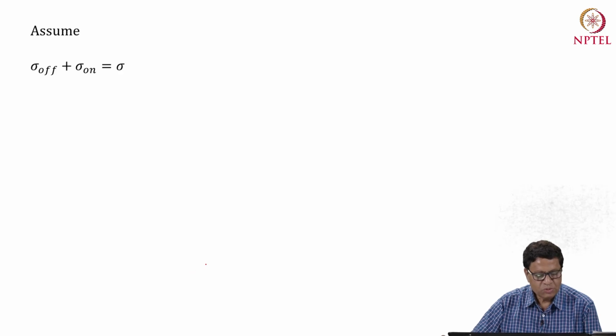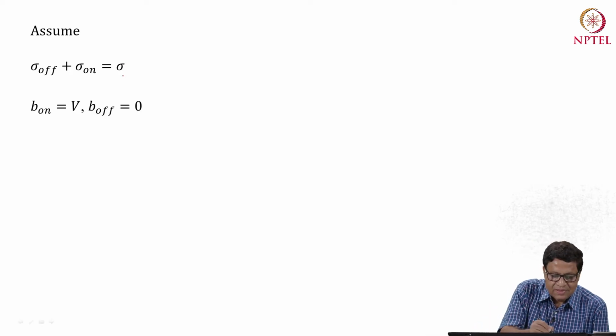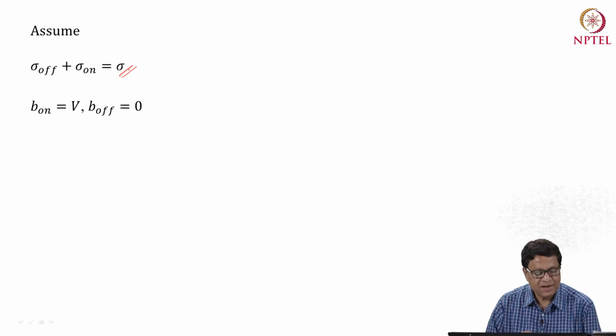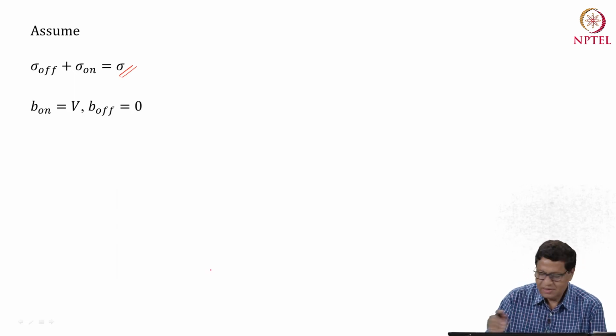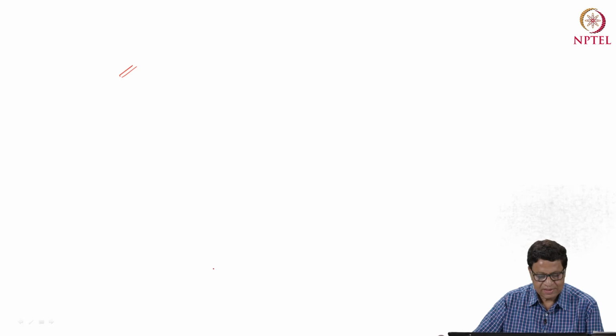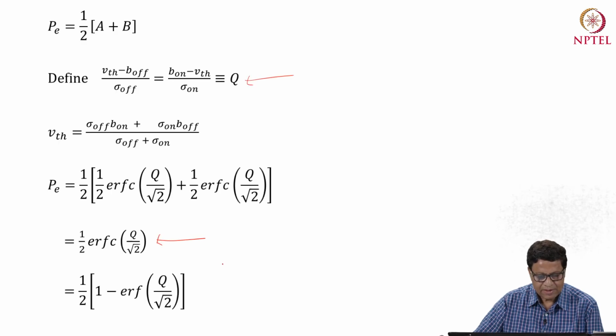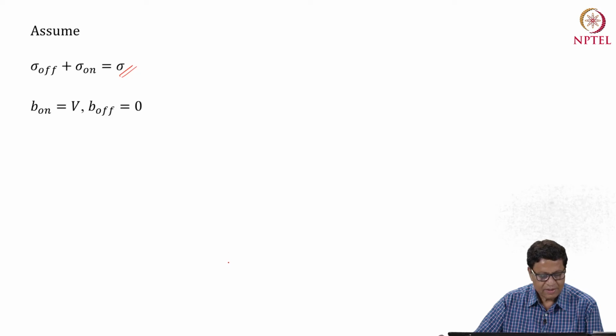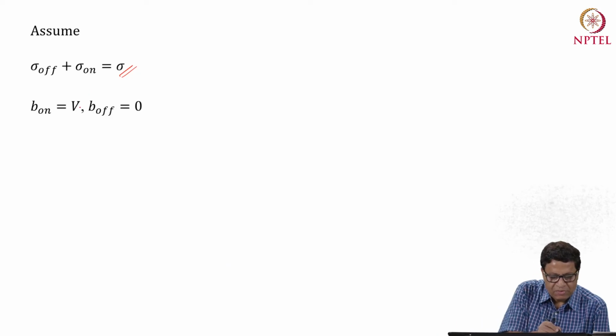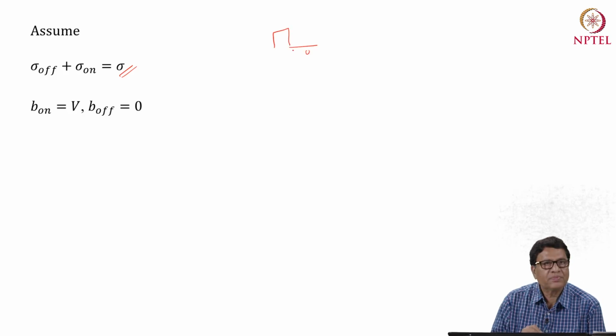Now let us assume that sigma off and sigma on are equal to some standard deviation sigma. Actually, this is not plus, this is equal. And B on is some voltage V, this is the on voltage, and B off is 0.